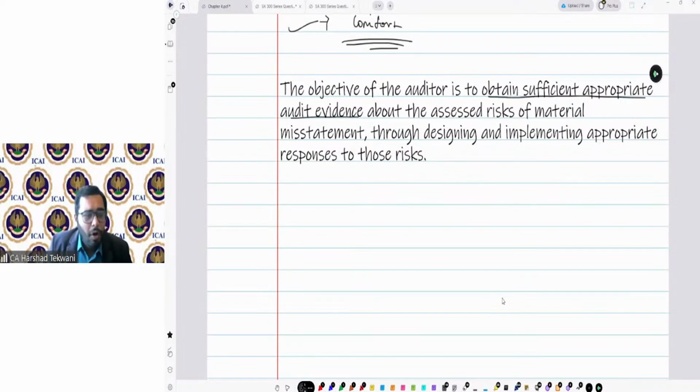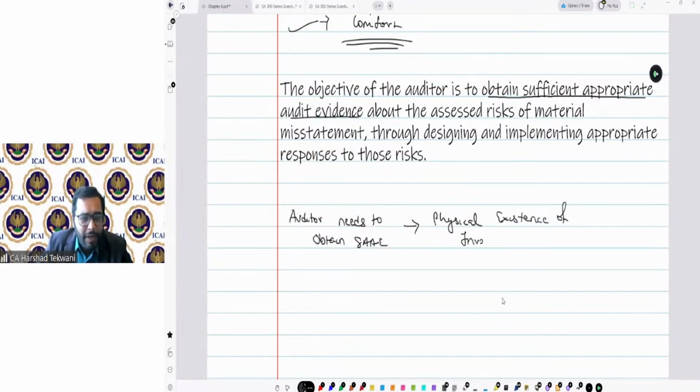In our case, the auditor needs to obtain sufficient and appropriate audit evidence regarding the physical existence of inventory. How can he obtain that?